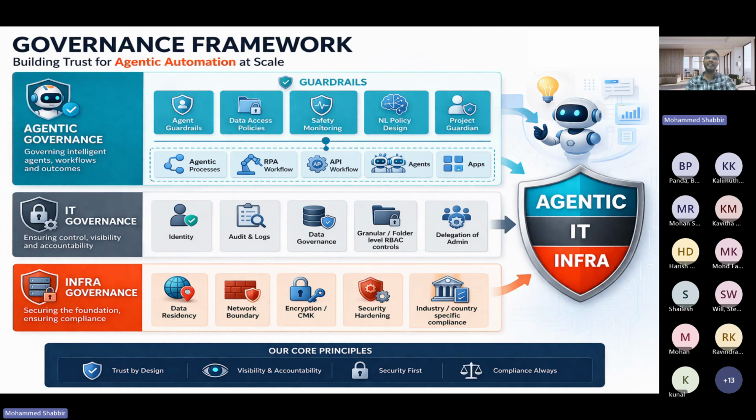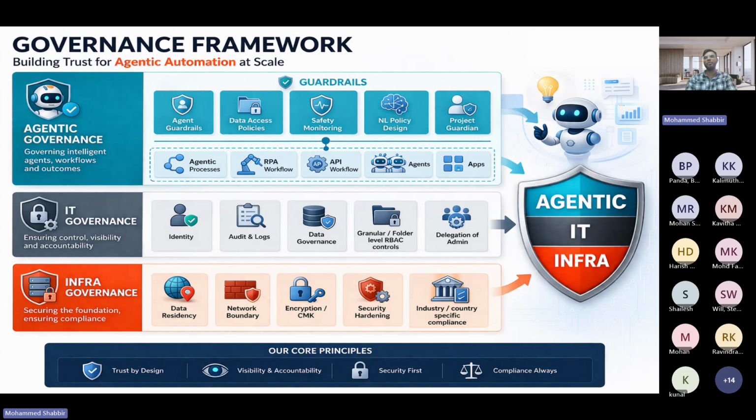You can think here again of Document Understanding as an example, and you can think of AI Center also here. Okay. And the next very important block in the IT governance would be the folder level RBAC controls. RBAC is basically role-based access controls.